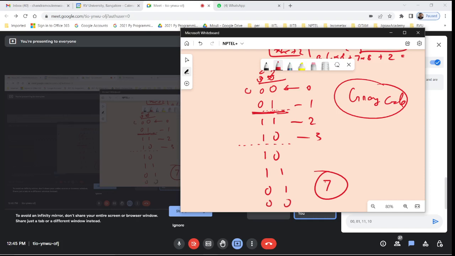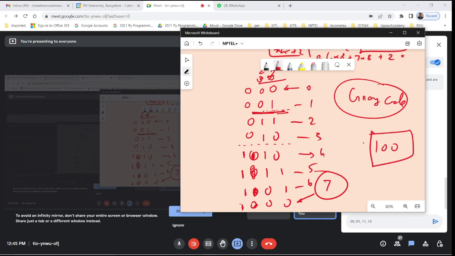Then you add zeros to it, and this value would be 4, this will be 5, 6, and 7. Sorry, this should be all ones. These are all zeros you have to add, and these are all ones you have to add. So 100 is the answer for 7.